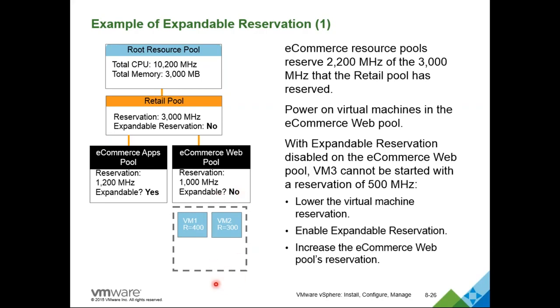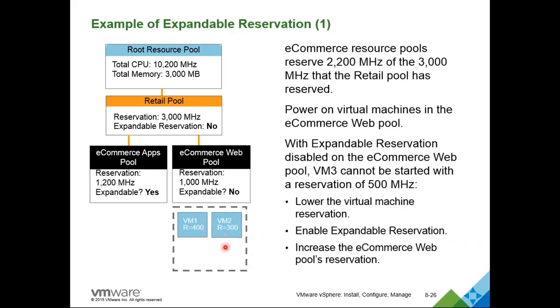When you want to deploy a third virtual machine with 500 megahertz, the expandable reservation option on the resource pool should be enabled. Then only you can create another VM with 500 megahertz. If the expandable option is disabled, you cannot create it.